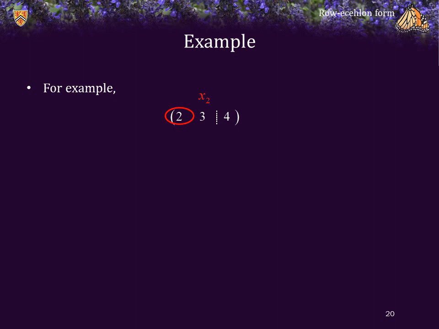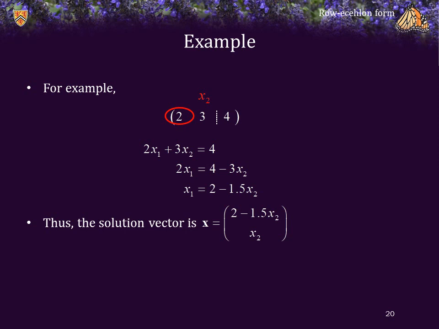So that means we can solve for x1 in terms of x2. So this one equation says twice x1 plus 3 times x2 is equal to 4. We can subtract 3 times x2 from both sides, and now we can divide both sides by 2. Okay, so thus our solution vector is the vector 2 minus 1.5x2 with the second entry being x2.